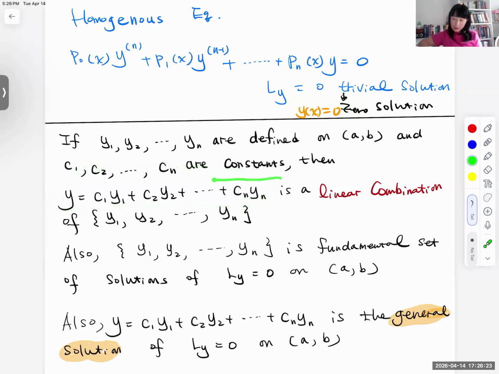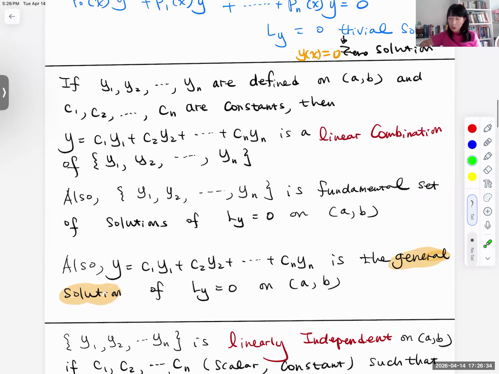This is a linear combination of y sub 1, y sub 2, until y sub n. We have another terminology, fundamental set. We call this set a fundamental set of solutions of L sub y equal to 0.